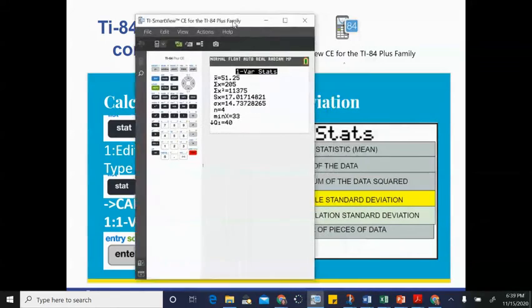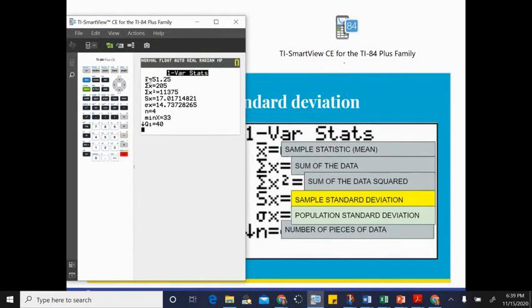And so when you get this, you'll notice that this top thing tells you the sample mean, your sample mean up here. This one tells you the sum of all your data. This tells you the sum of the data once you square it. This right here is your sample standard deviation, and this is your population standard deviation, and this is the number of pieces you have.